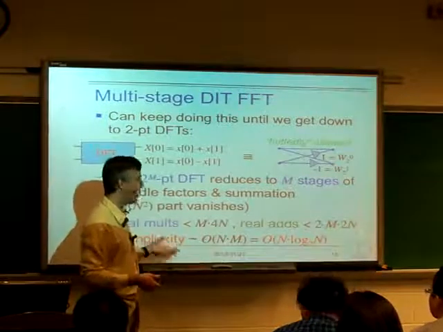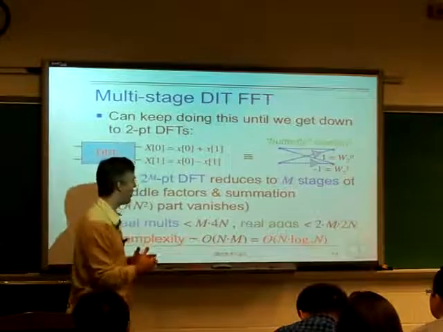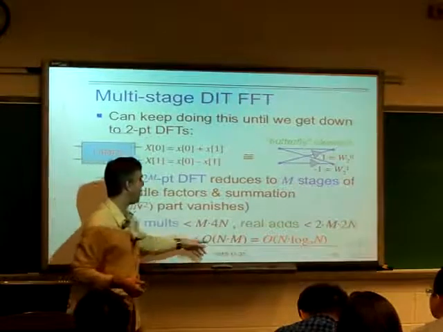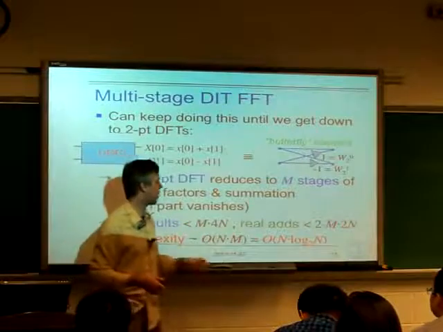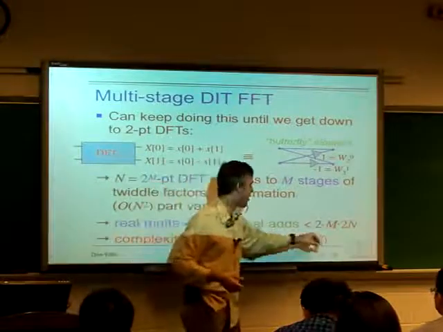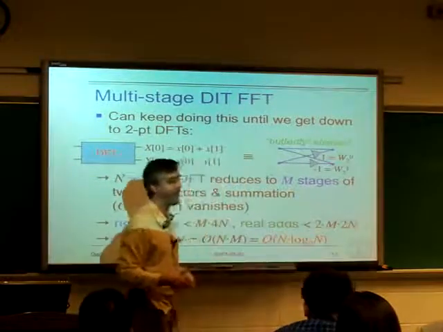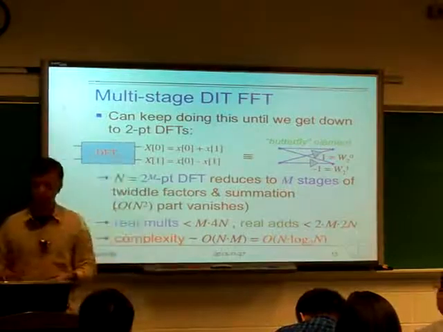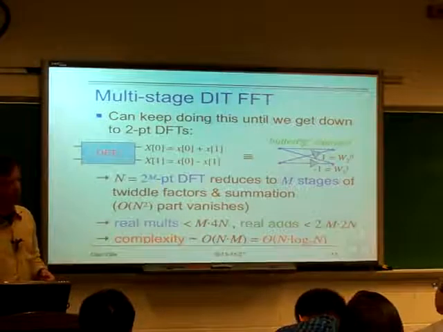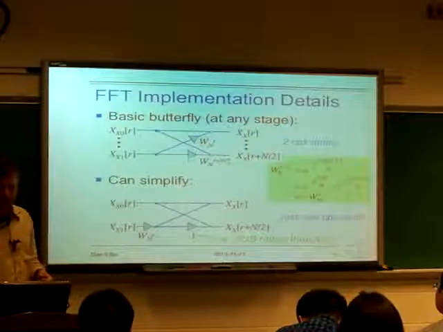And at each stage we got this saving, and so we end up with a significant reduction in the complexity. And the amount of reduction basically depends on how many stages we can add, which is proportional to log of the original length.